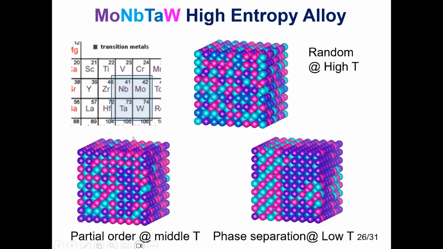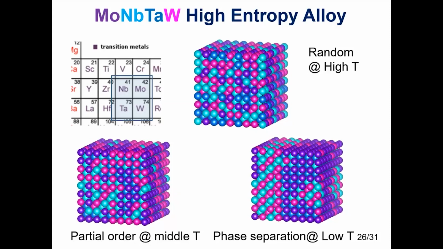And so this is a kind of cesium chloride type of chemical order on a body-centered cubic lattice. But it's a funny one because the cube vertex sites are preferentially occupied by molybdenum and tungsten, while the body center sites are preferentially occupied by niobium and tantalum.